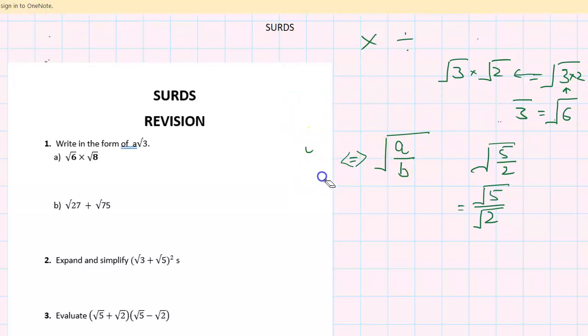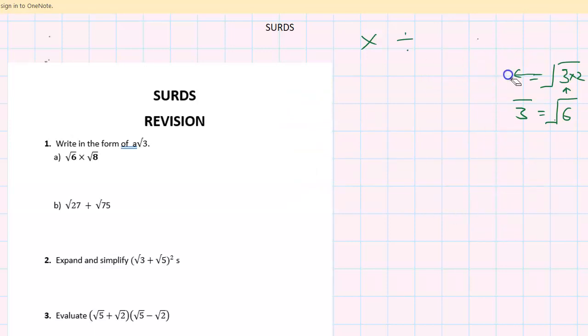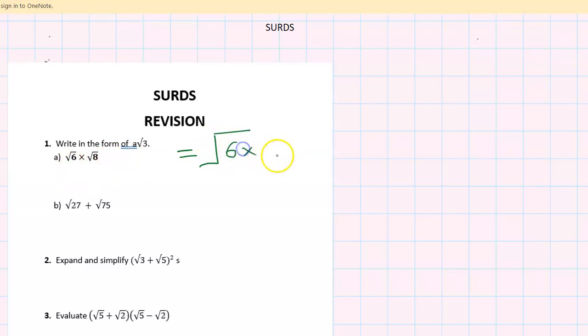Now let's do the first question and then we'll go to the plus and minus of surds. This question says root 6 multiply root 8. So it can be written as root of 6 multiply 8.